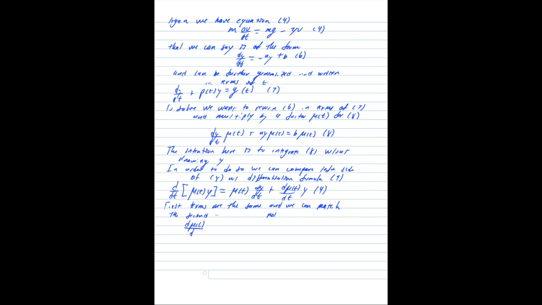And if you compare that to the left side of equation 8, you can see that the first terms are the same, and we can match the second term if we note that d mu(t)/dt is equal to a mu(t). Then we can say d mu(t)/dt over mu(t) is equal to a, which is equivalent to saying d/dt of the natural logarithm of the absolute value of mu(t) is equal to a.